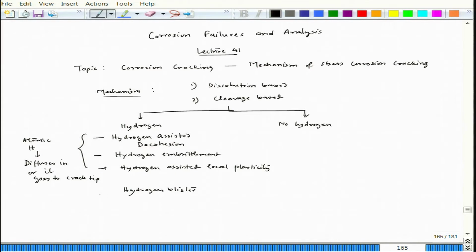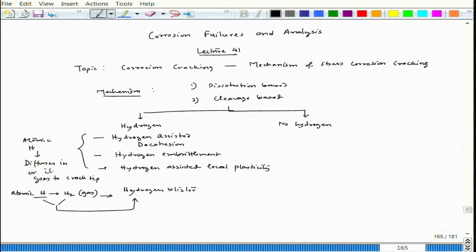Here both atomic hydrogen is involved, and when that atomic hydrogen converts to gaseous hydrogen, the combination of these two gives rise to hydrogen blister. We will talk about that.